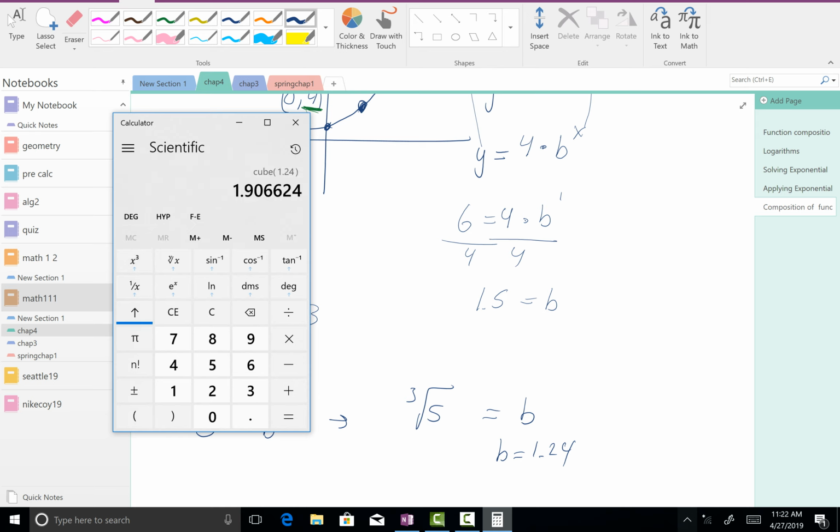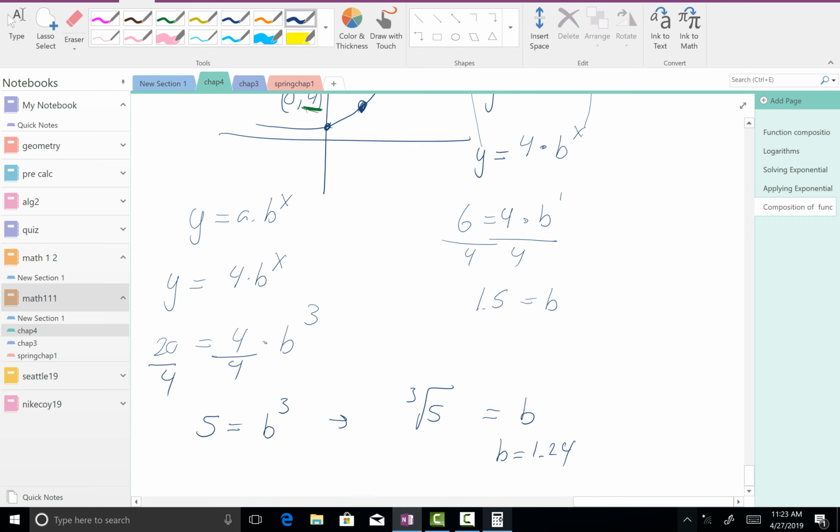Definitely not that number. Must be backwards then. Let's see. So I'd want to go 5 cube root 3 equals 1.7. That sounds better. 1.7.